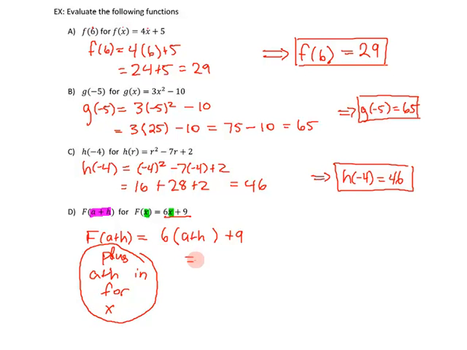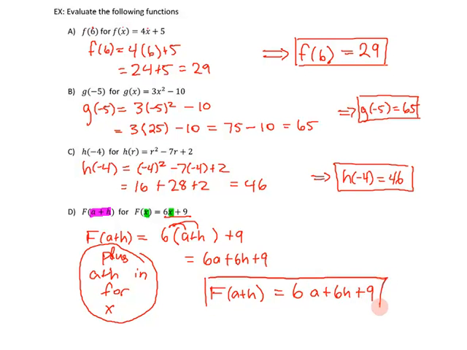And with just one step of simplifying, that gives me 6a just by multiplying out, plus 6h plus 9. So f of a plus h, the output is 6a plus 6h plus 9. And that's how we use function notation. So having talked about domains and ranges and what a function is, that's the end of section 2-1.